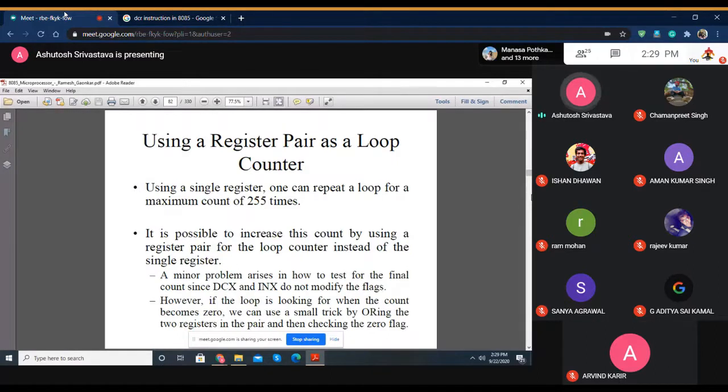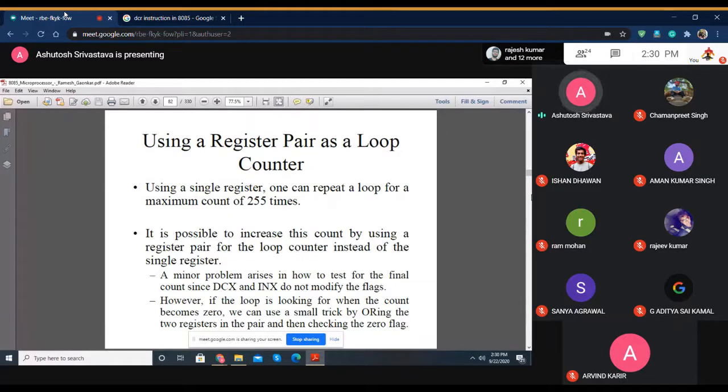So again, we shall be using our previous knowledge. So using the register pair as a loop counter. Our registers like B, C, D, E, H and L are 8-bit registers. So when we talk about register pair, we are not talking of 8-bit but 16-bit.